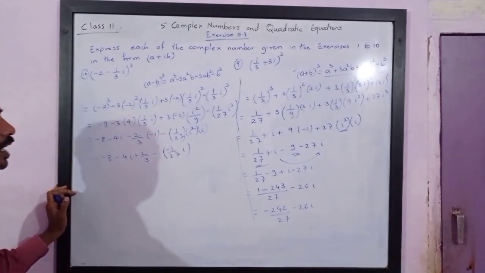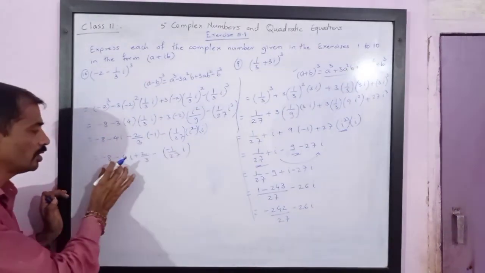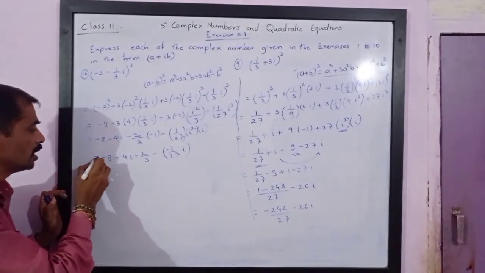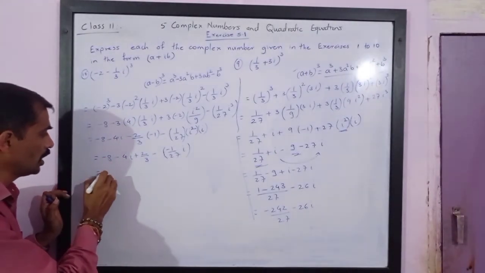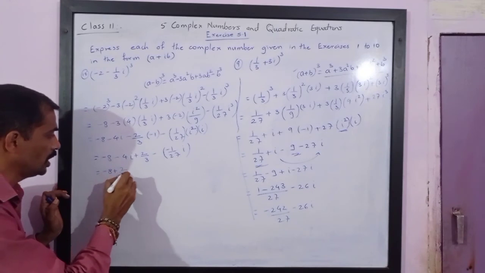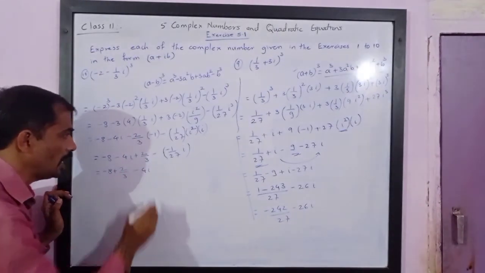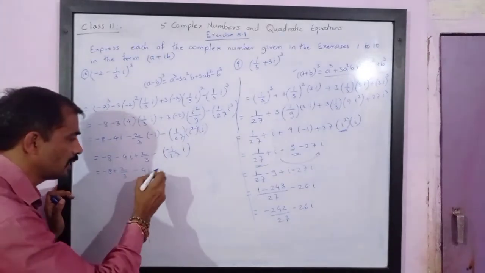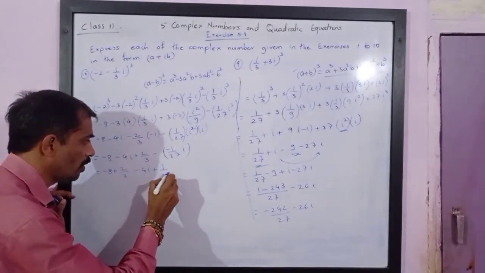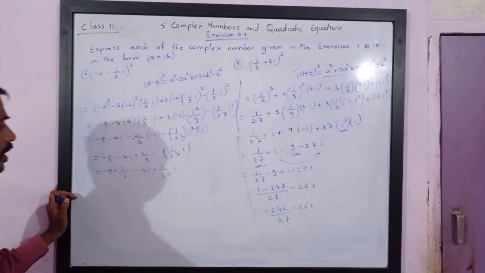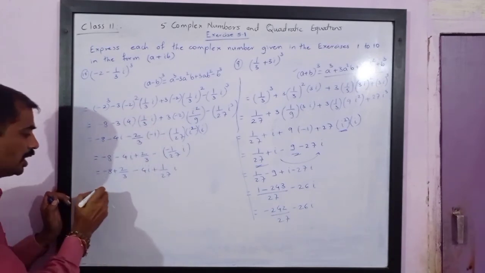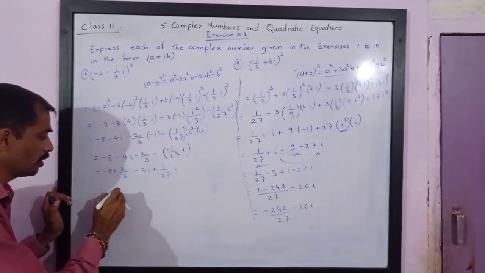So again, if you bring together real terms and imaginary terms, we will get negative 8 plus 2 upon 3. These are real terms. And imaginary terms are 4i. Minus is plus 1 upon 27i. Now denominators are not same, so make the denominators same. 8 3s are 24.